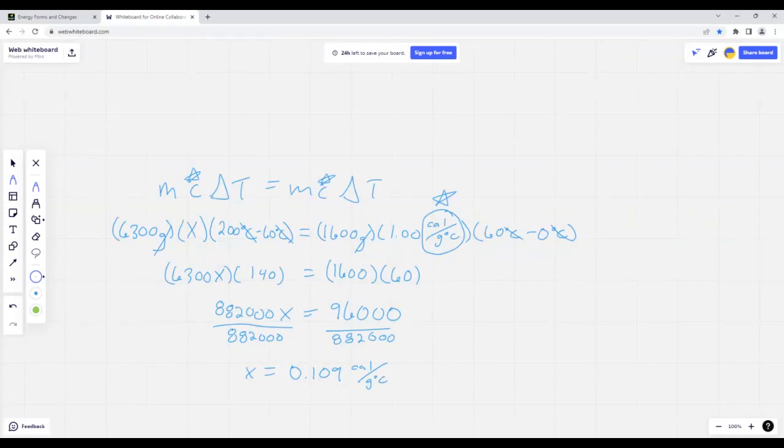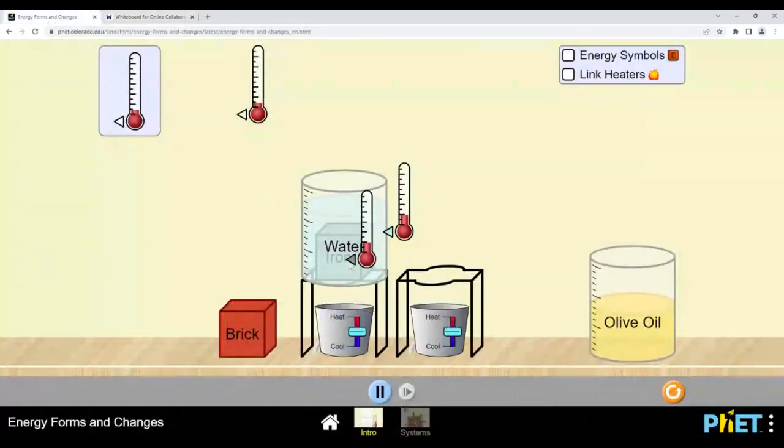And speaking of the textbook, if we go and look up the value for the specific heat of iron, the book says that it should be 0.108, which means it is very, very close, less than 1% error for this simulation. So our estimations for where the lines are and how the temperatures move must have been very, very close to correct. And that's it.